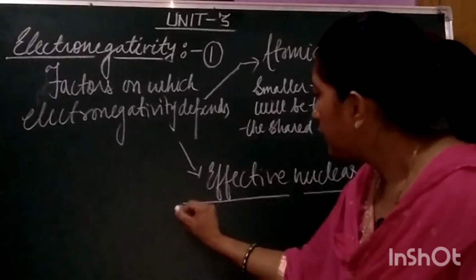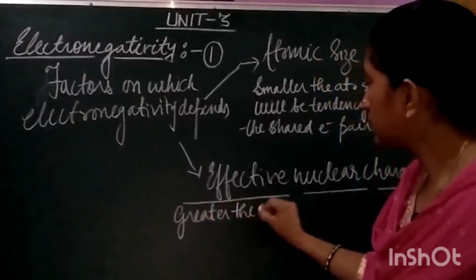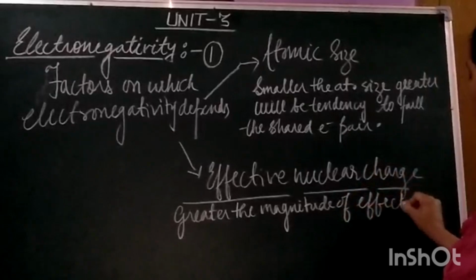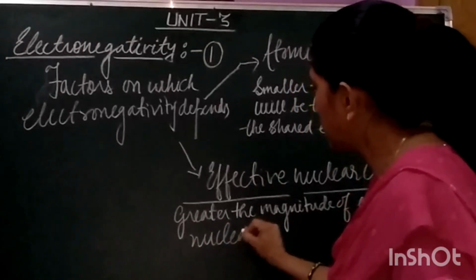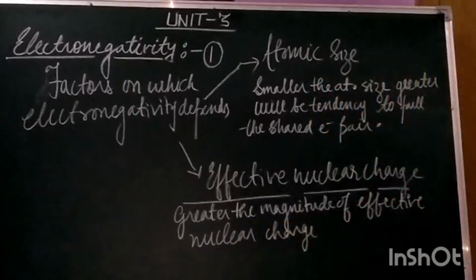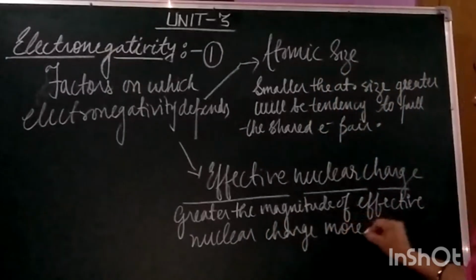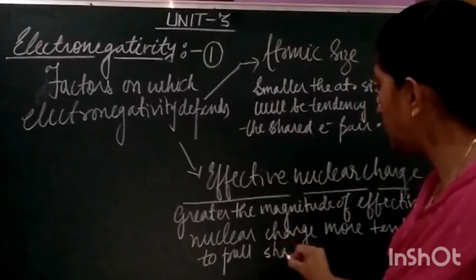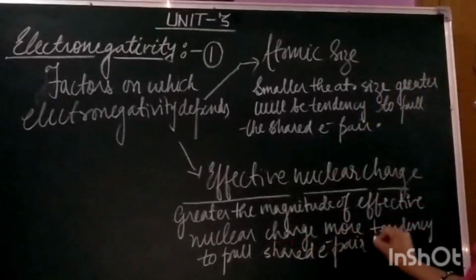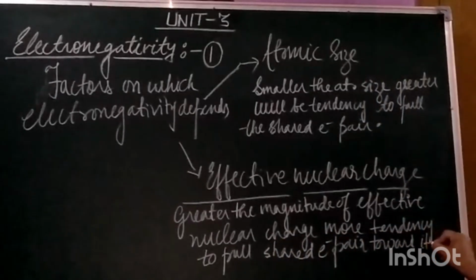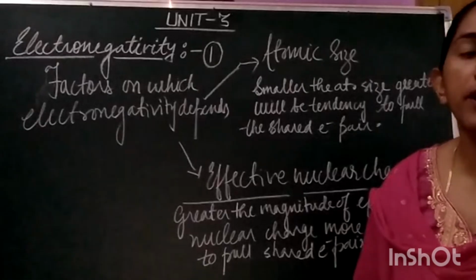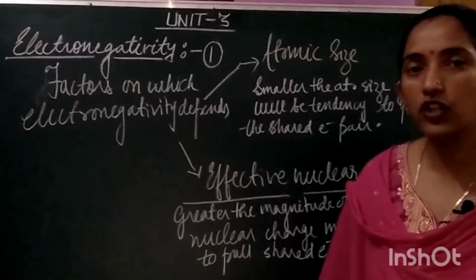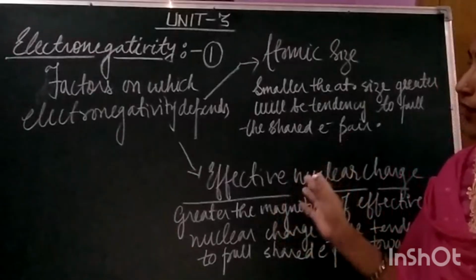So for effective nuclear charge, the greater the magnitude, the more tendency to pull the shared electron pair toward it, right? So an atom will have a greater tendency to pull the shared electron pair toward it if it is smaller in size and if the magnitude of its nuclear charge is very high, right students? These are the factors which affect electronegativity.